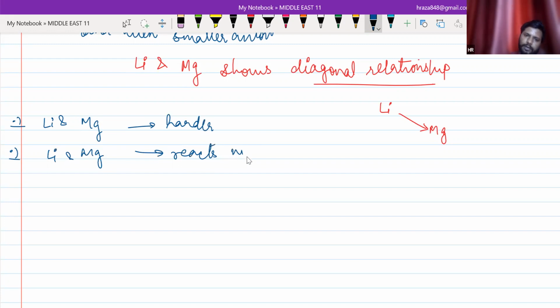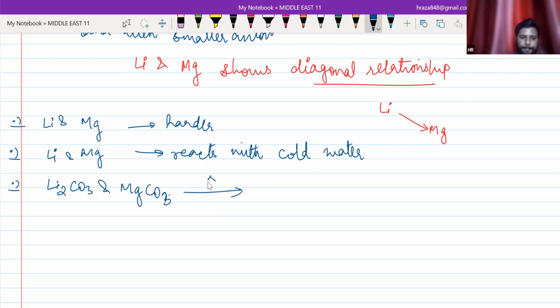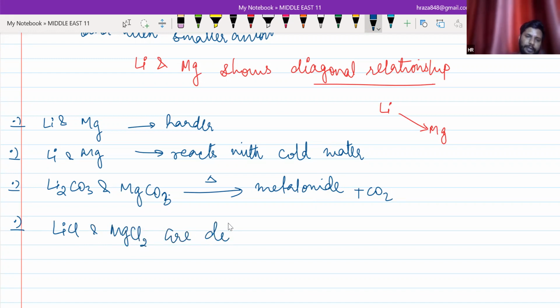Third, Li2CO3 and MgCO3, when heated, give metal oxide plus carbon dioxide, and LiCl and MgCl2 are deliquescent.